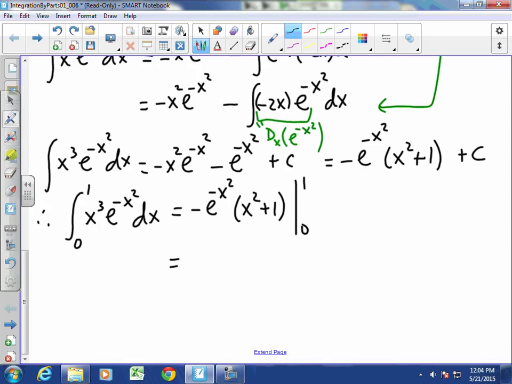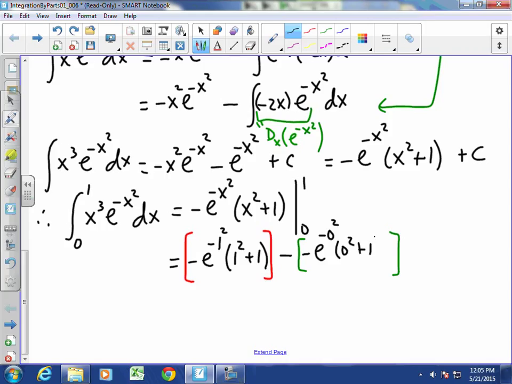Replace x with 1. We get negative e to the negative 1 squared times 1 squared plus 1, minus negative e to the negative 0 squared times 0 squared plus 1.